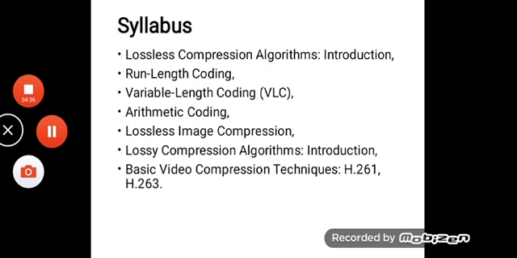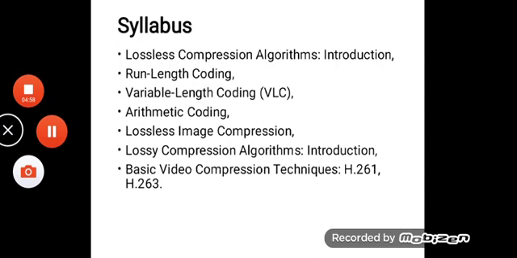Then we will cover lossless image compression. With the help of those algorithms that we are going to study, compression will be achieved. And before we move towards video compression, we'll study image compression first.